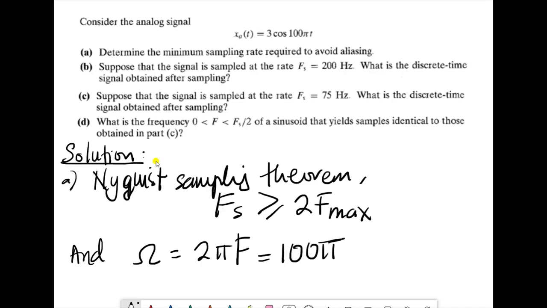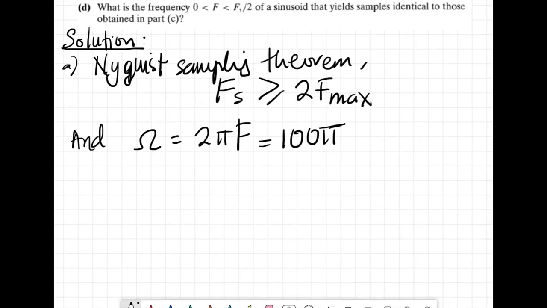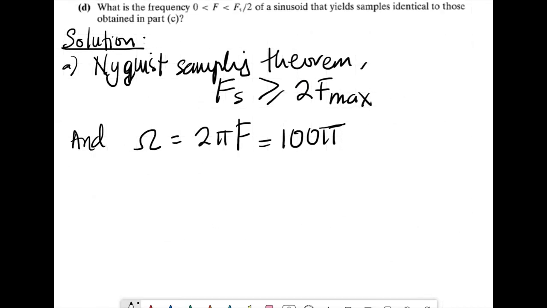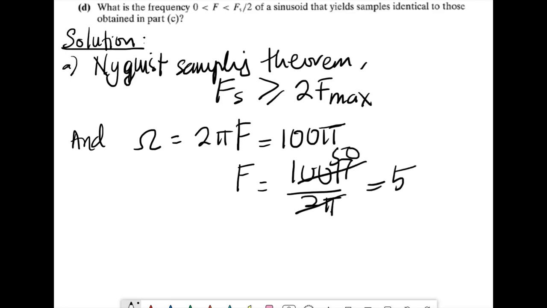So this gives you, so we need to find f. Okay, so f equals 100 pi over 2 pi, which gives you 50 Hertz. Okay, so that is the frequency of the signal that we get from the equation, the sinusoid.